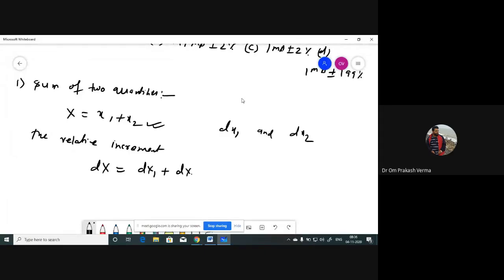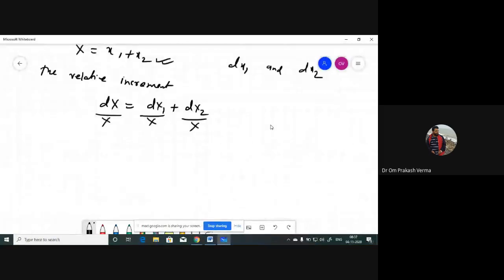With respect to x, we divide by x. So dx by x equals x1 by x multiplied by dx1 by x1, and similarly x2 by x multiplied by dx2 by x2.